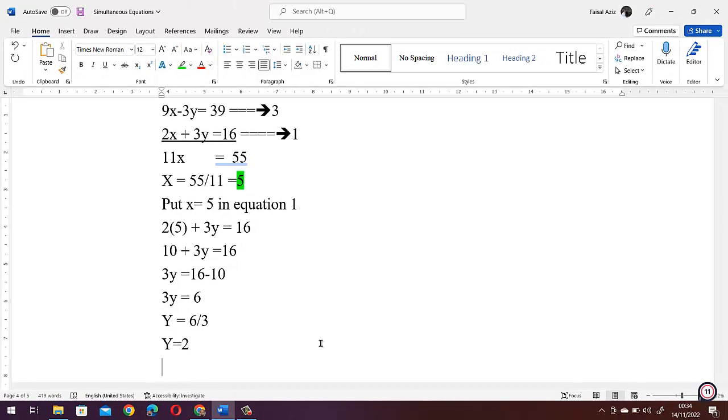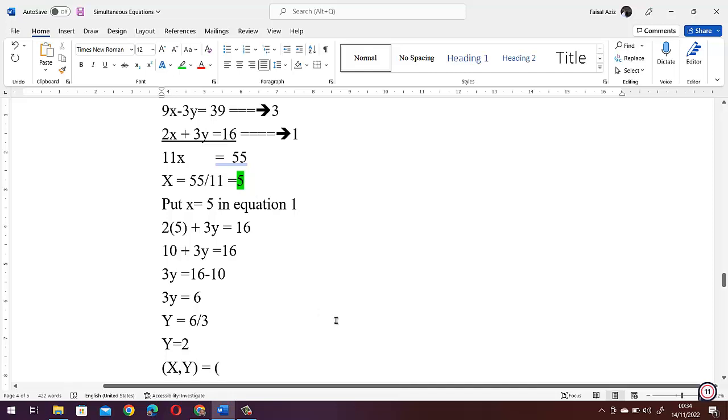So here the solution set will be x comma y, the value of x we got is 5, so it will be 5 comma 2, so this will be the answer.